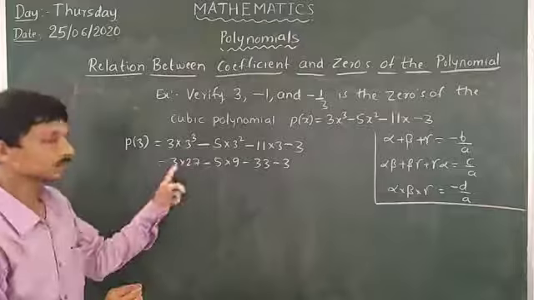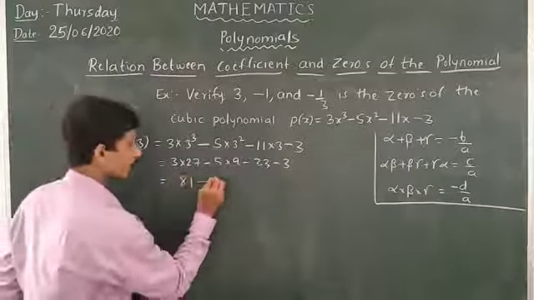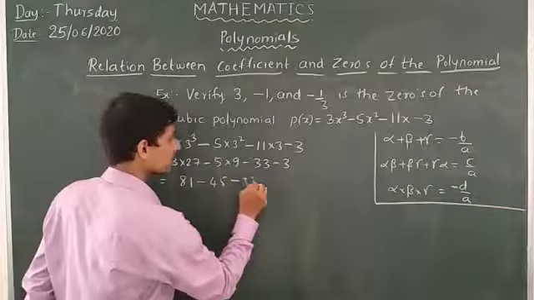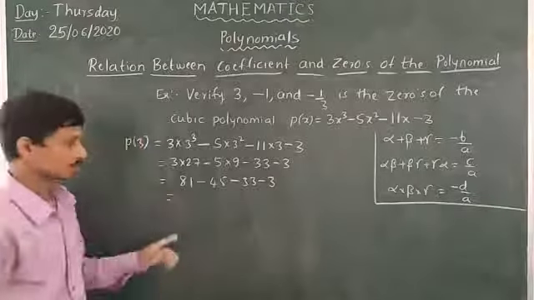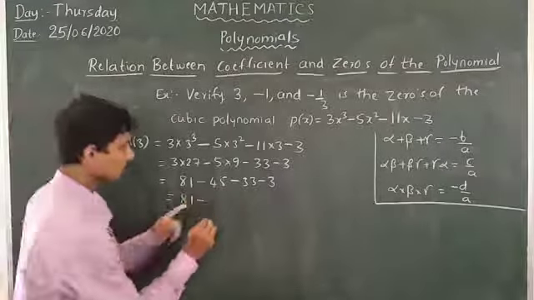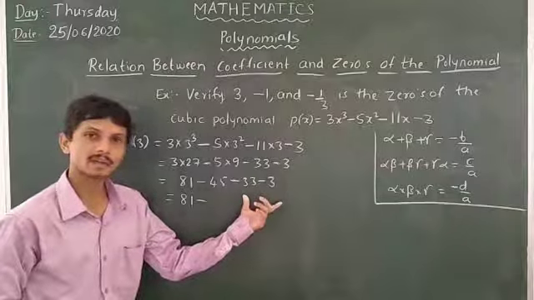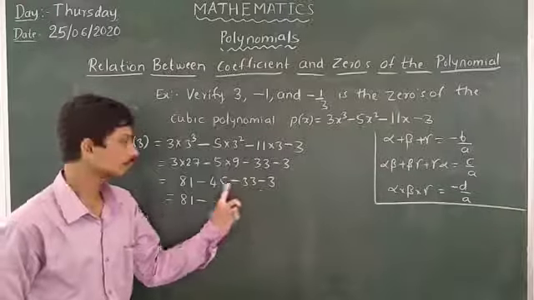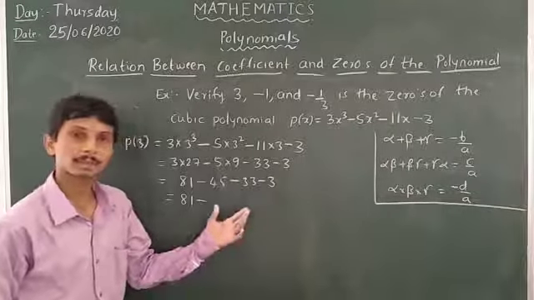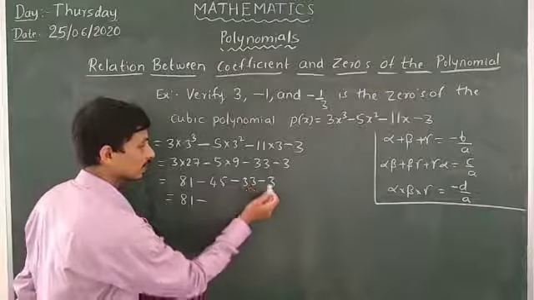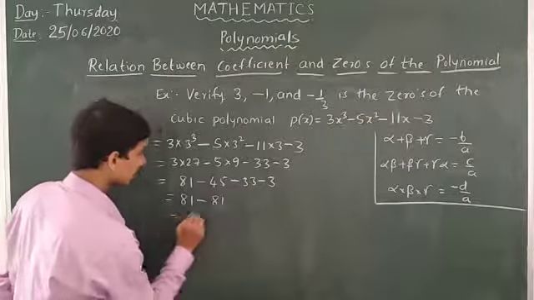So 27 into 3 is 81, minus 45 minus 33 minus 3. So these we have to add, and the answer is prefixed by a minus sign. 45, 33 and 3 add up to 81, so the result is 0.